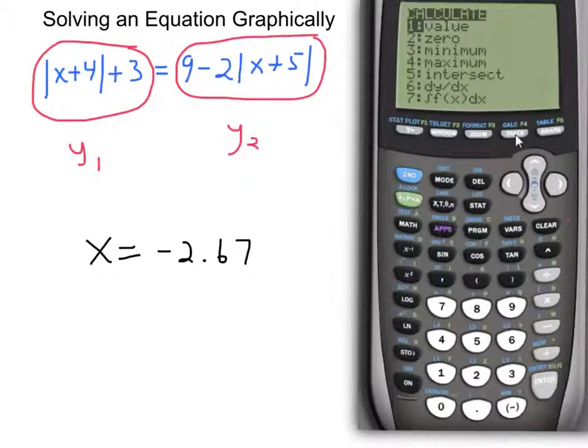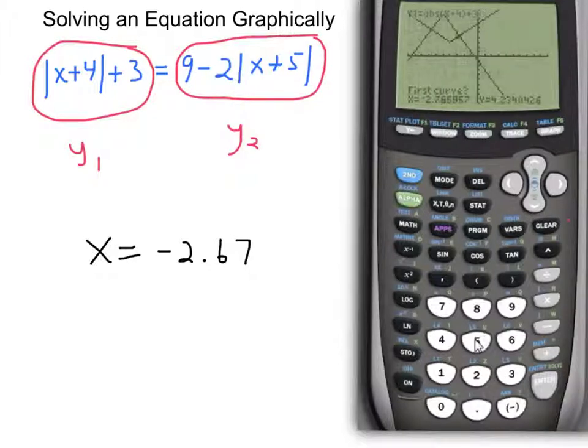And then we'll do second trace again and intersect, and again first curve hit enter, and second curve hit enter again. And then for the guess, go over closer to the other point now, and then hit enter again, and that'll show you that point.